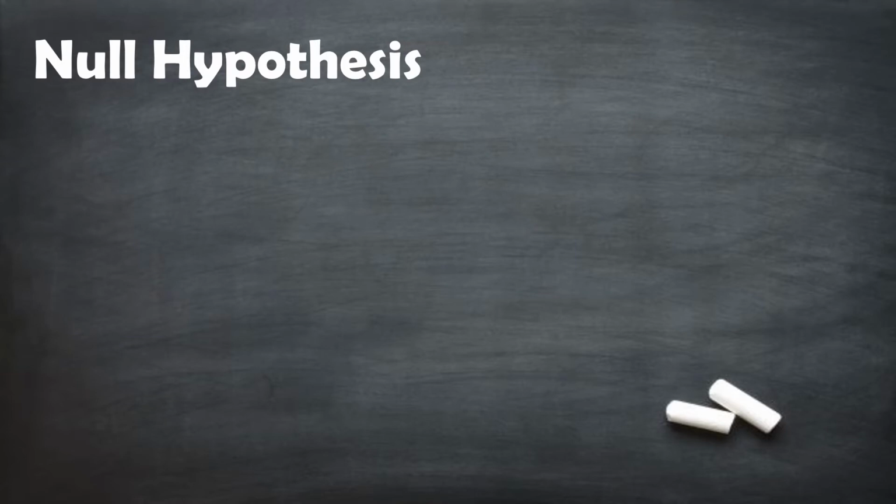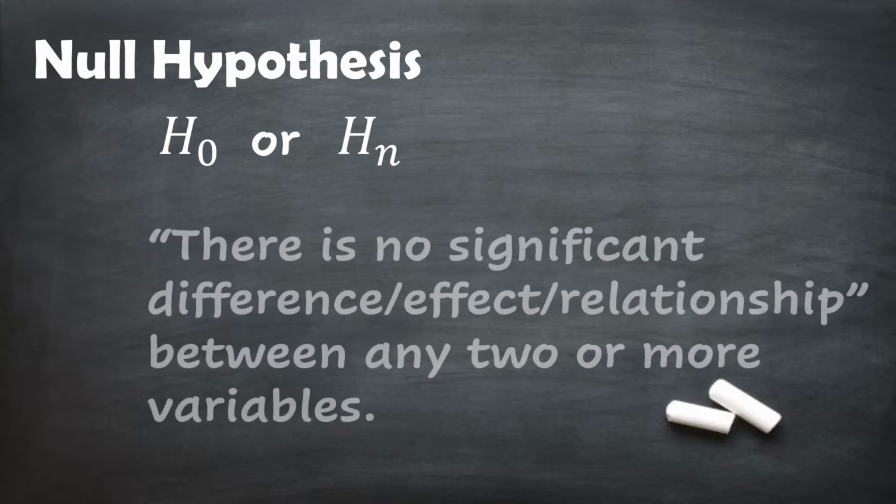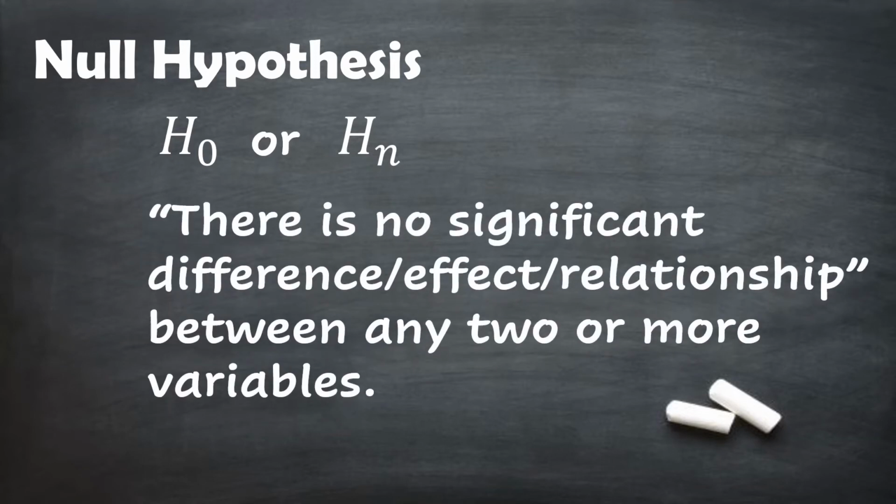When we say null hypothesis, it is usually denoted by H sub 0, or sometimes H sub n. The null hypothesis pertains that there is no significant difference, effect, or relationship between any two or more variables.